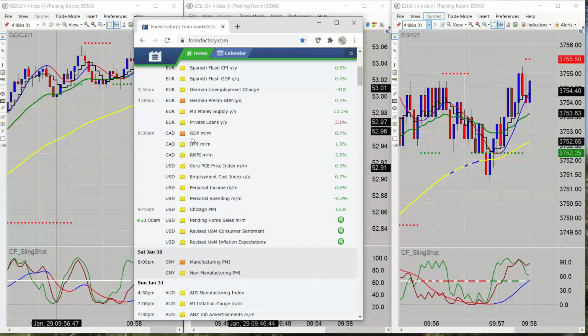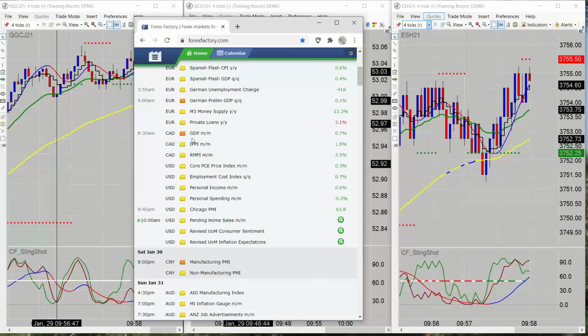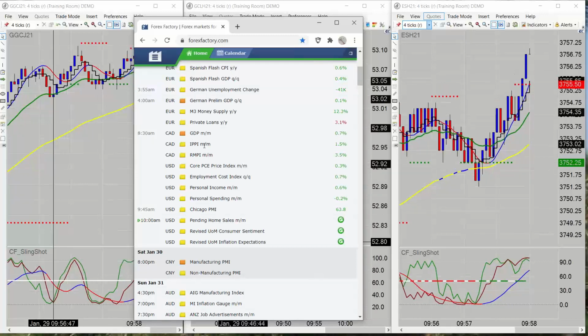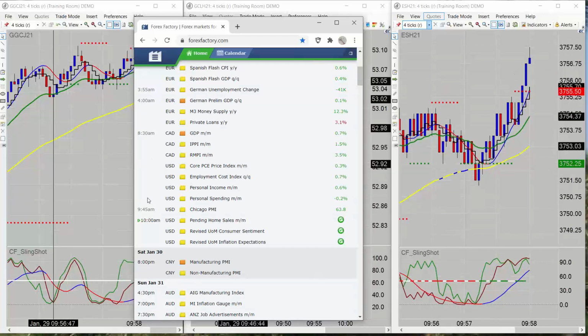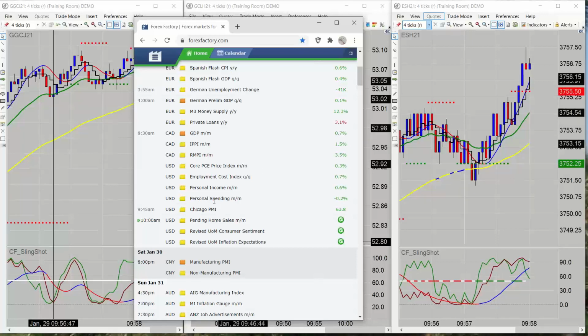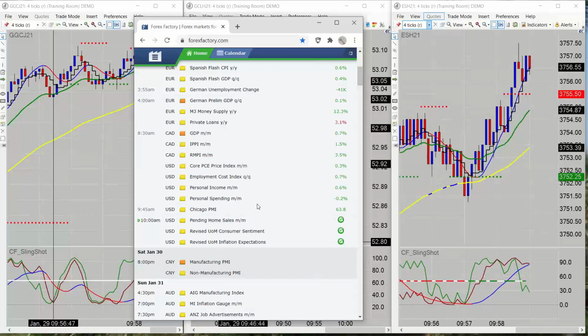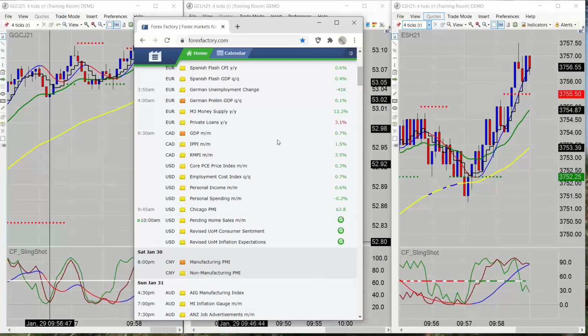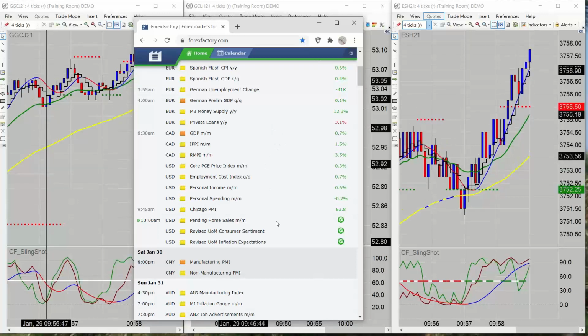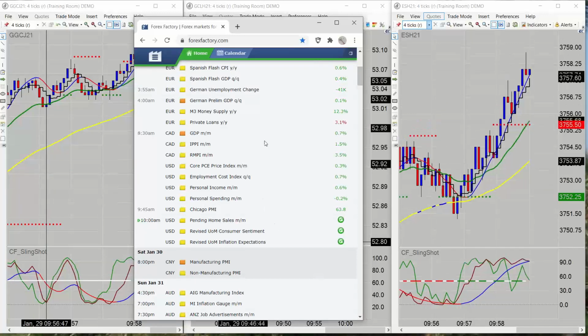And so we don't want to trade the news, we want to trade the reaction to the news. And so we need to know when that's going to happen. And these reports are things that come out generally starting at 8 o'clock in the morning Eastern time, and through 11 o'clock. And these are market movers.